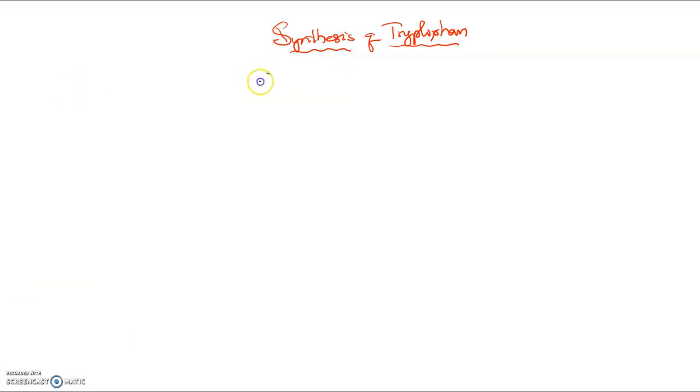Chorismate gets converted to anthranilate. Don't worry, you need not remember all this, just for general knowledge.